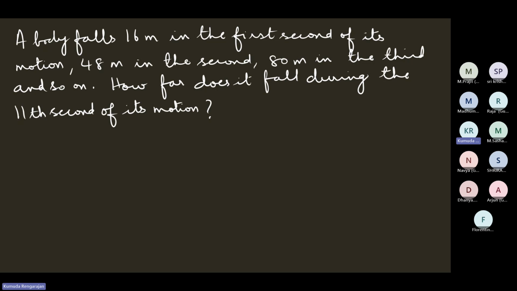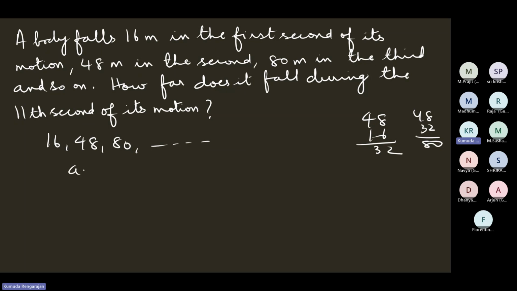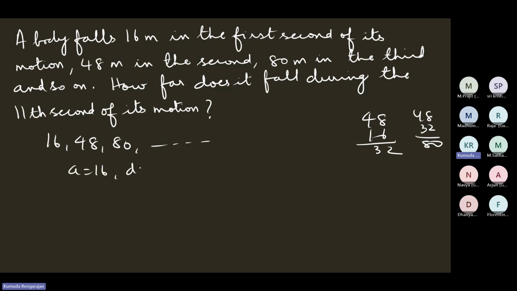In the third second, it covers a distance of 80 meters, and so on. So if you write these numbers 16, 48, 80, what is 48 minus 16? 32. And 48 plus 32 is 80. So these terms are in AP with A as 16 and D as 32.